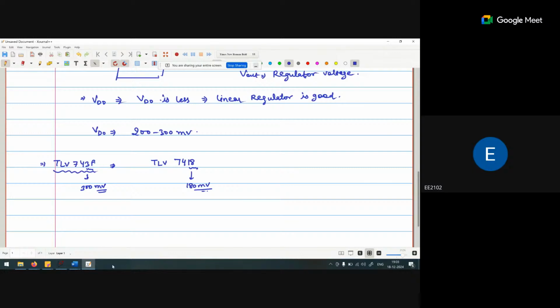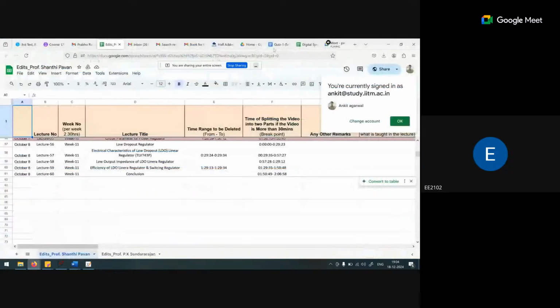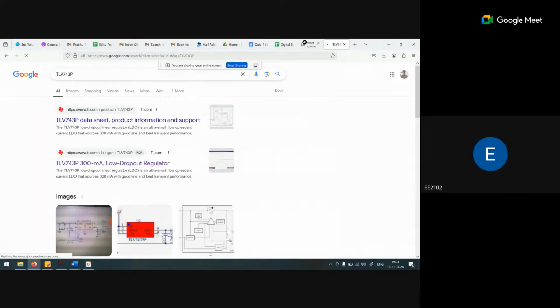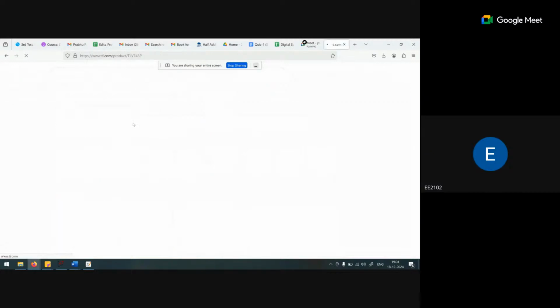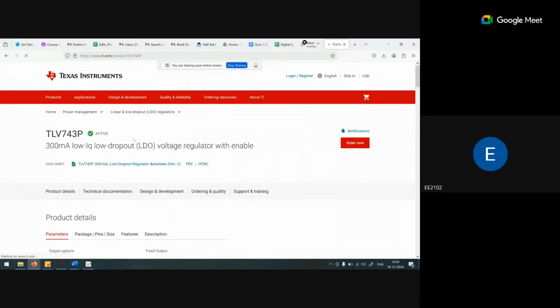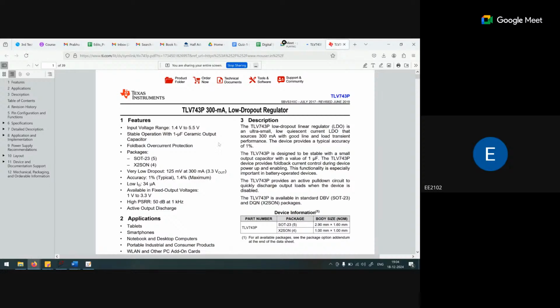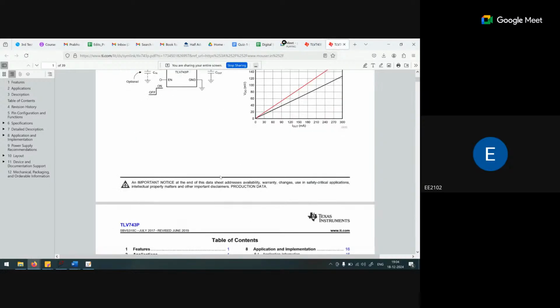So this 743P is discussed by the professor, that is available at 300 milliampere, not millivolt.